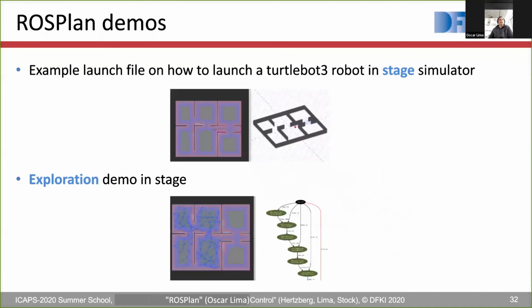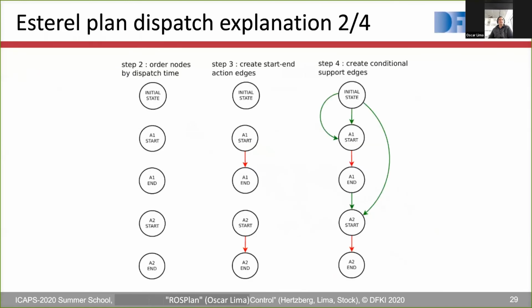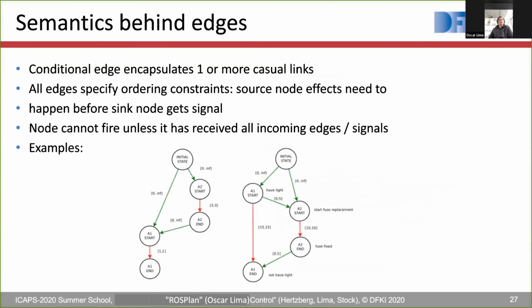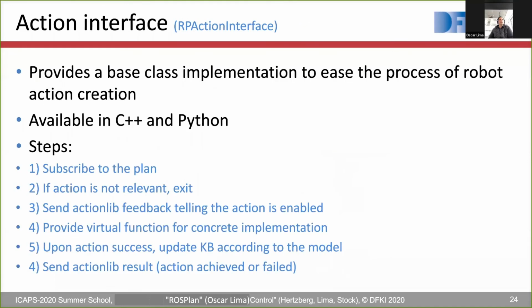But like I said, creating these actions is easy because we have provided a base class to do that. So this is related to this slide here. You inherit from this base class, and then you make the concrete implementation. And you need one action interface per action in your model.